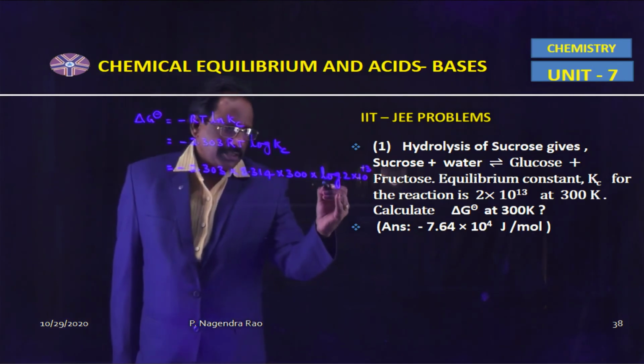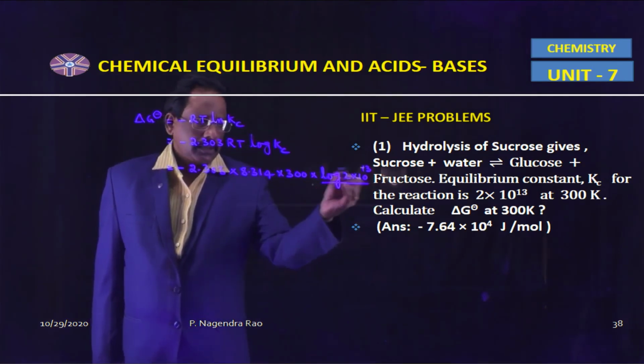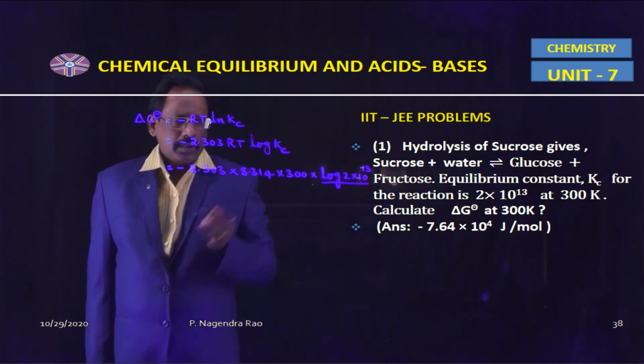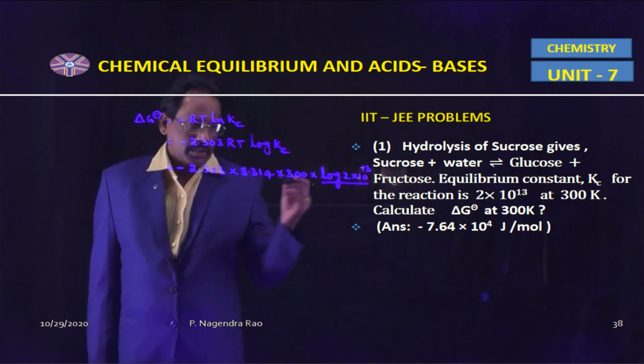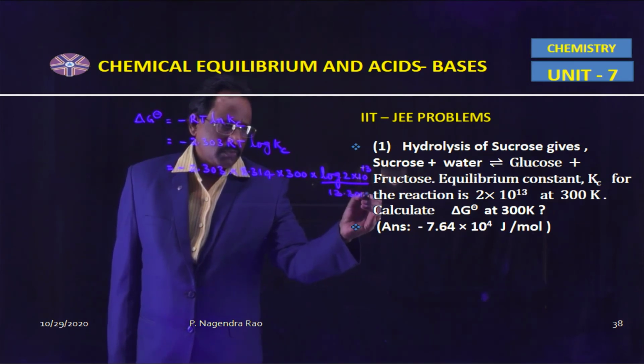This is nothing but 13 plus log 2. Log 2 is 0.3010. So this value is 13.3010.